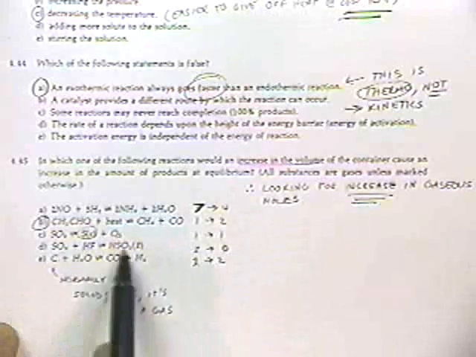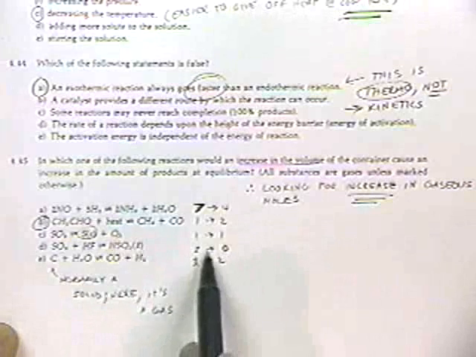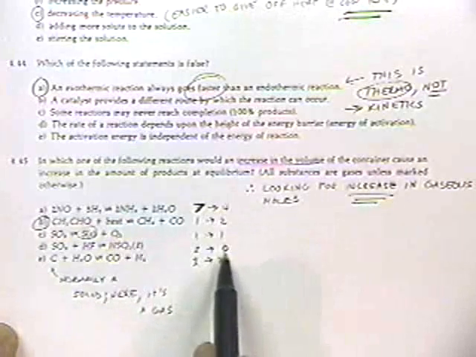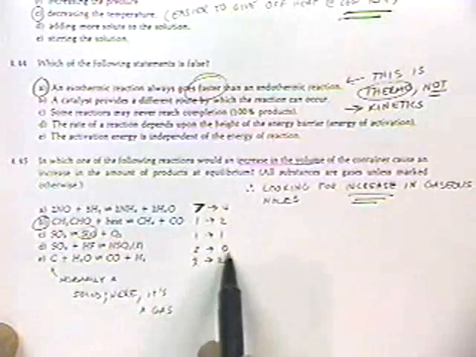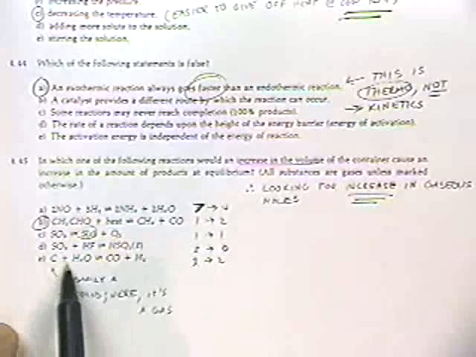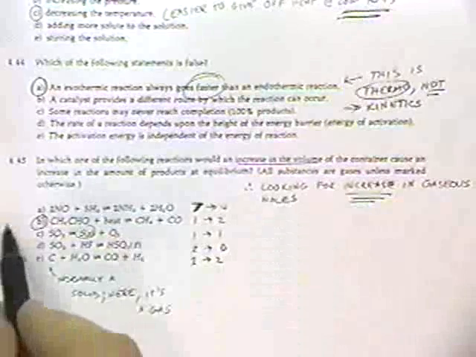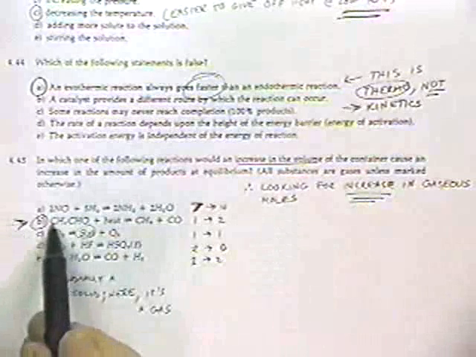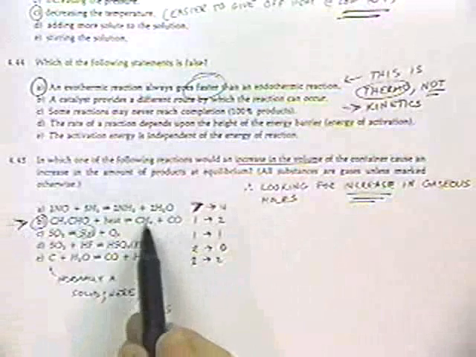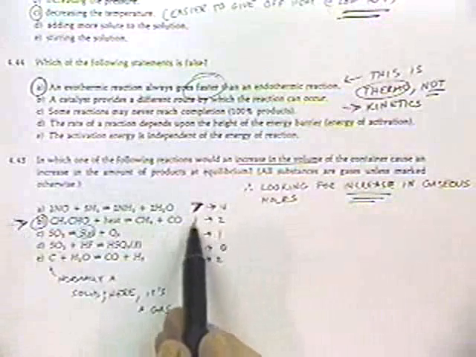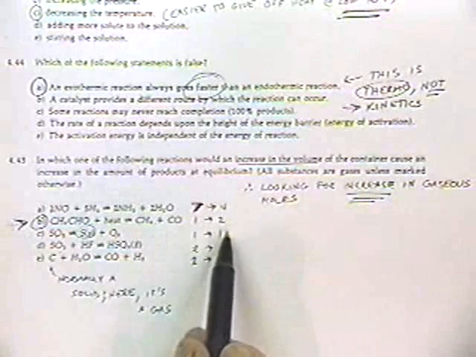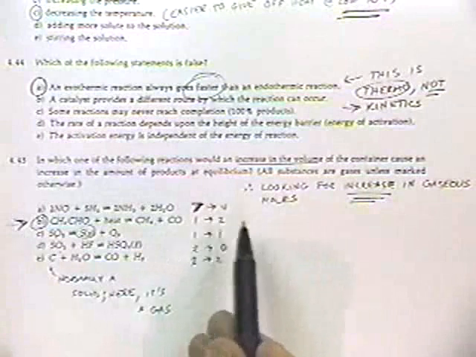Here we have two gases going to a liquid. By increasing the pressure, we can make moles go away and favor the reaction, so that's not what we want. Here we have 2 moles going to 2 moles. So the answer that's correct is right here. We have one species going to 2. We're increasing the number of moles, and that says that's favored if you increase the volume or decrease the pressure.